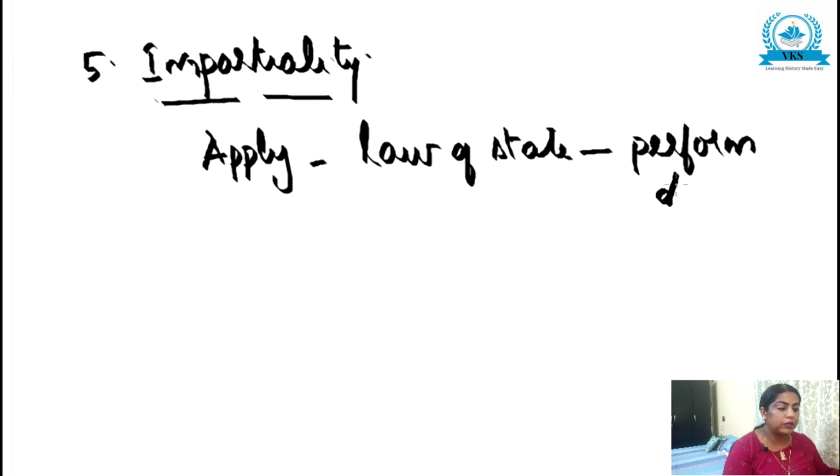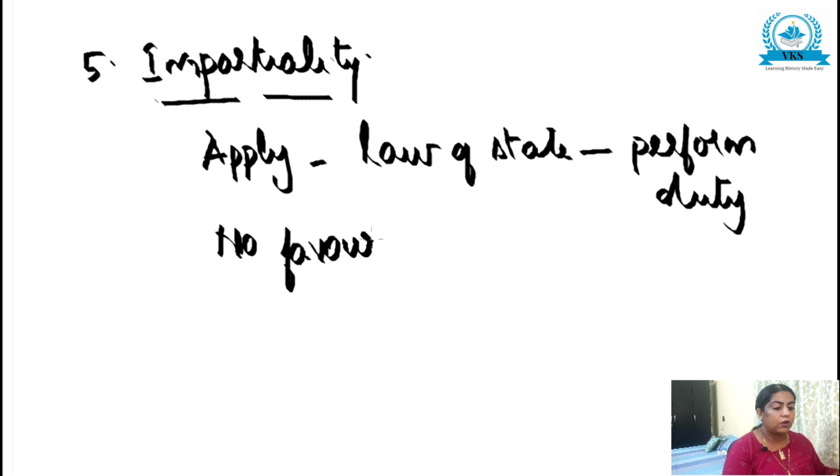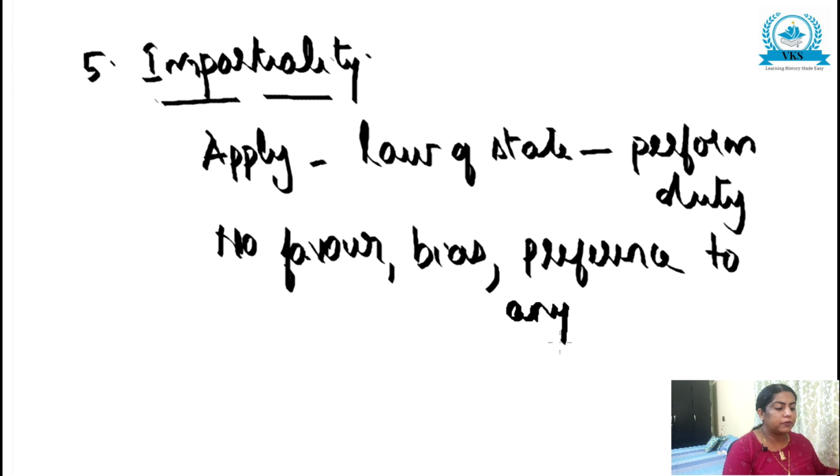They have to apply the law of the state while performing their duty, and they cannot show any favor, any bias, or any preference to any group or section of society.